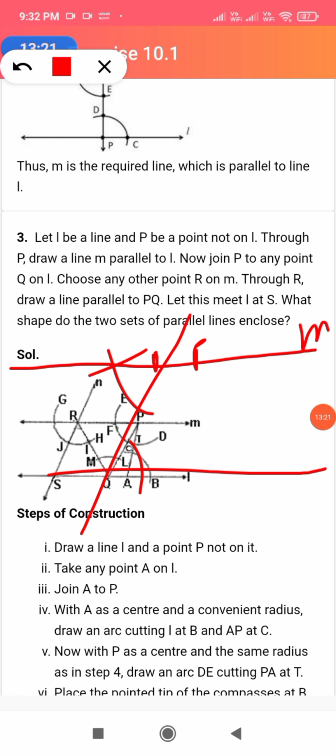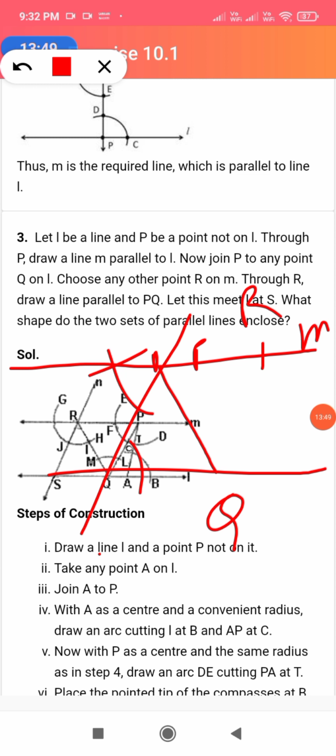Now join P to any point Q. Say from P I join any point Q. Okay. Now choose another point R on M. Through R, draw a line parallel to PQ.